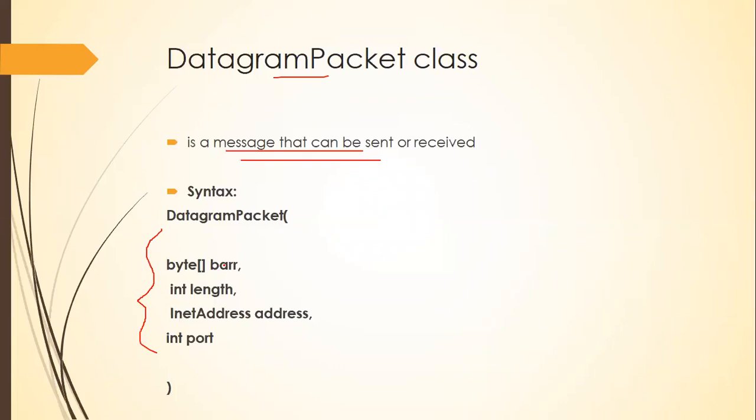The next is the INET address, the IP to which you have to transport it. And the fourth one will be the port address, which will be an integer. So please have the syntax of a datagram packet. Once you have the syntax, let me know.